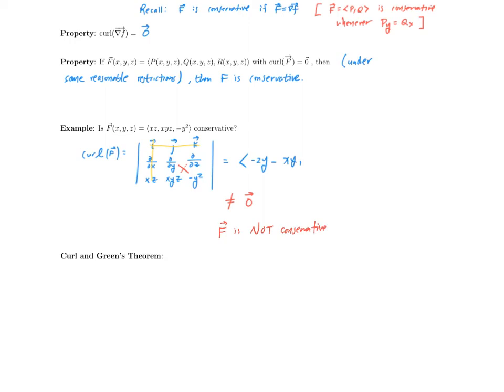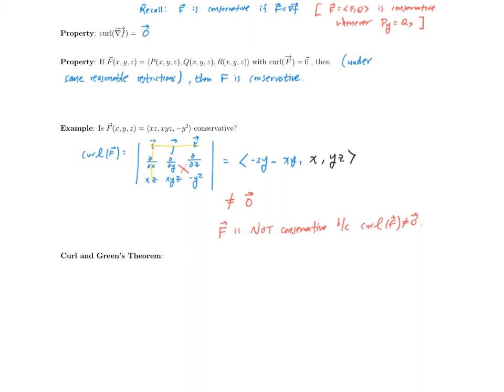And if you need a reason, it's because the curl of F is not equal to the 0 vector. And I'll throw in here as well that if you were to continue on and finish calculating it, you would get x and yz, and it's not bad practice to finish up the computation.